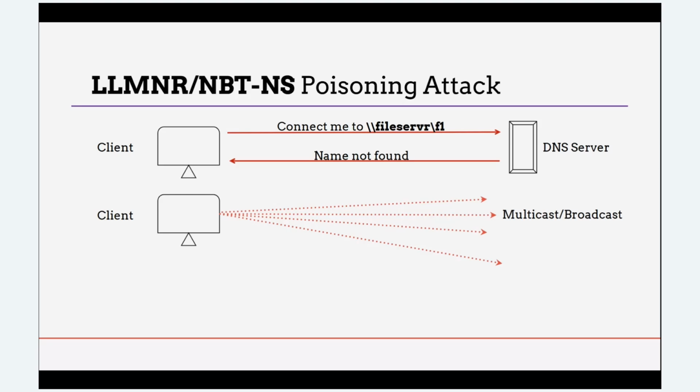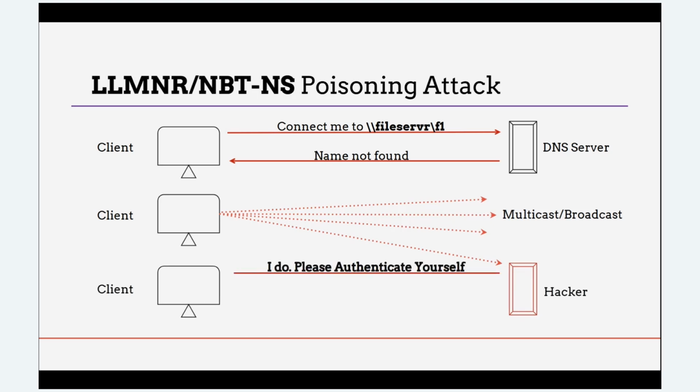Those kinds of messages will be displayed. But when a hacker is in place, using tools such as Responder, he will get that broadcast request, process it, and send back the message that yes, I have it. Even though he doesn't have it, he will tell the client machine that he has the file and, to allow you to use it, he needs your credentials.